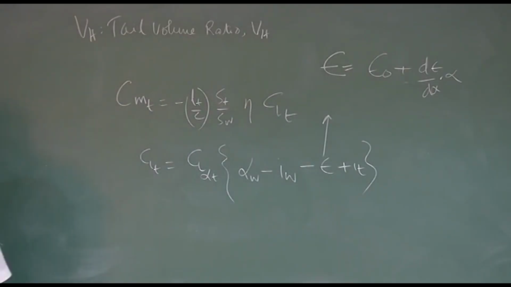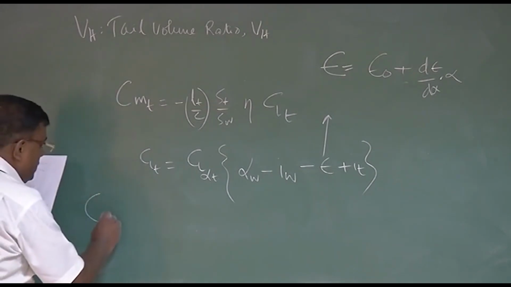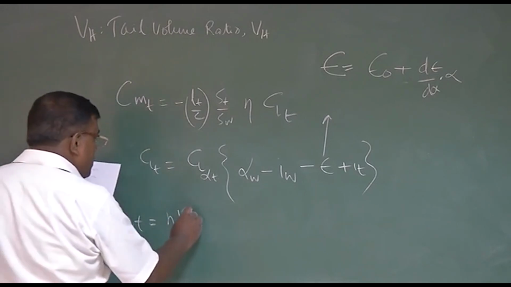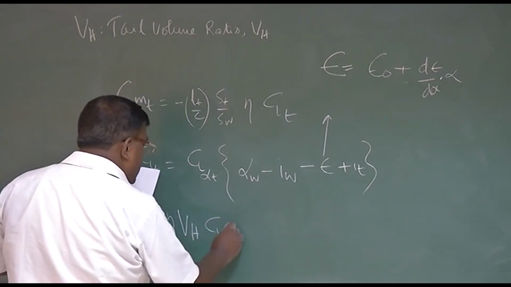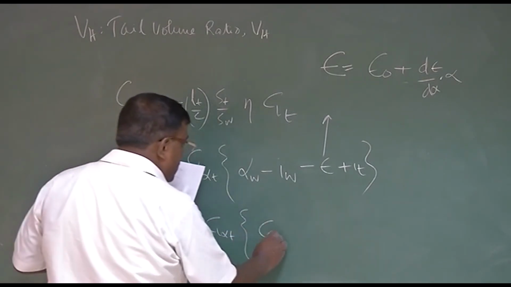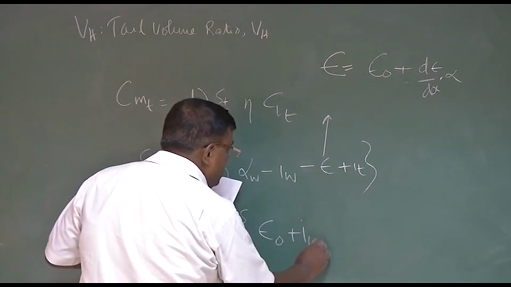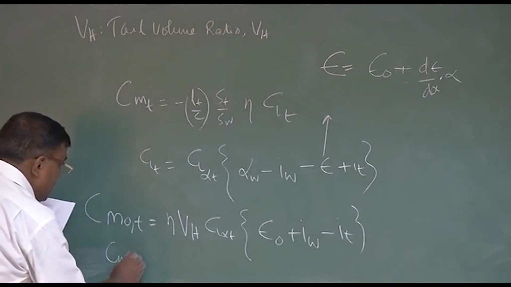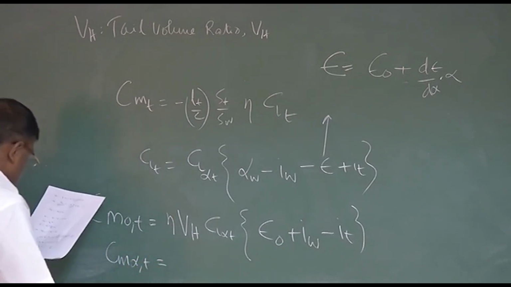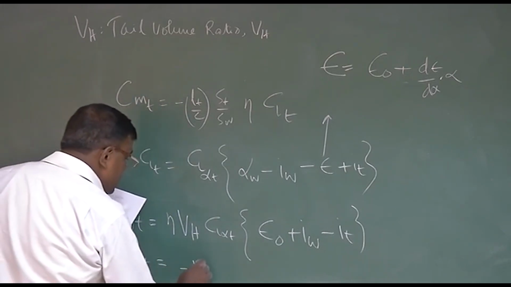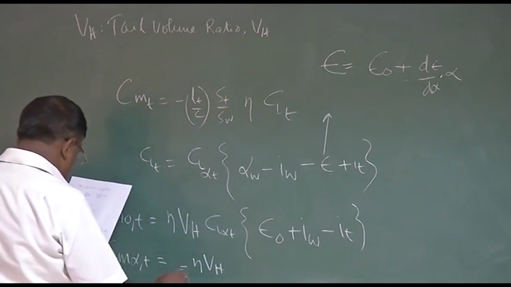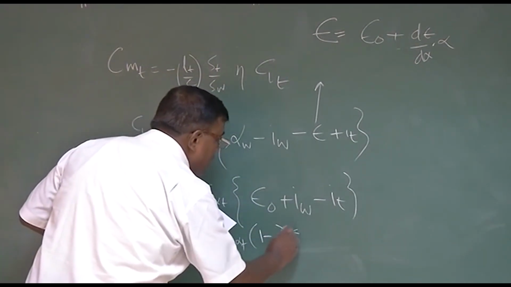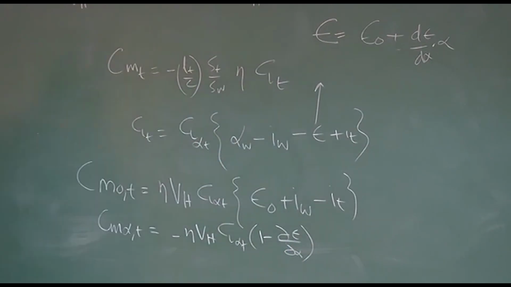Then I can show that Cm naught of tail will be equal to eta VH CL alpha tail into epsilon naught plus IW minus IT, and Cm alpha tail as minus eta VH CL alpha tail into 1 minus d epsilon by d alpha.